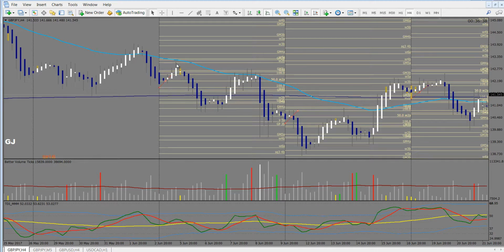As you can see, they manipulated high to 2B, volume increased, and then they took the market all the way down to GM4A, 2B.